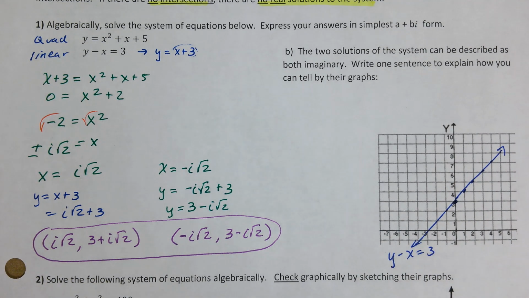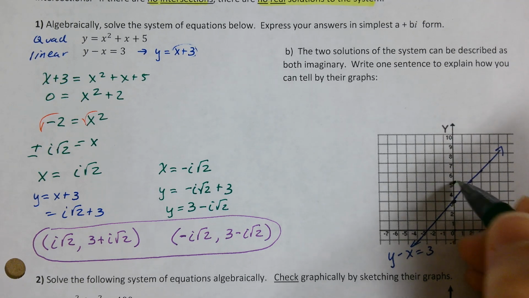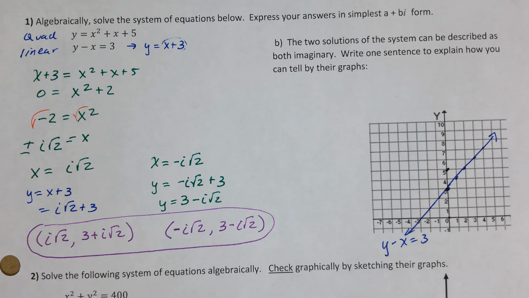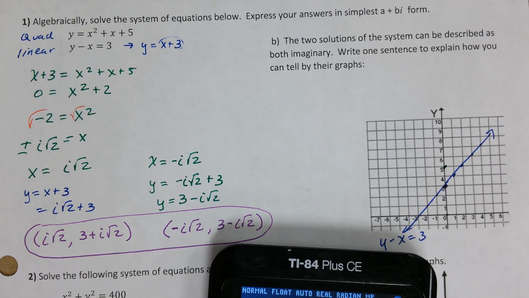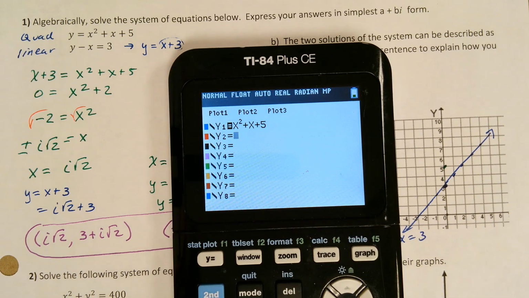And then the parabola y equals x squared plus x plus 5. That has a y-intercept of 5. But we don't know if that's a turning point or what. So grab the calculator, go to y equals, and y equals x squared plus x plus 5. And I might as well put the linear here, x plus 3.